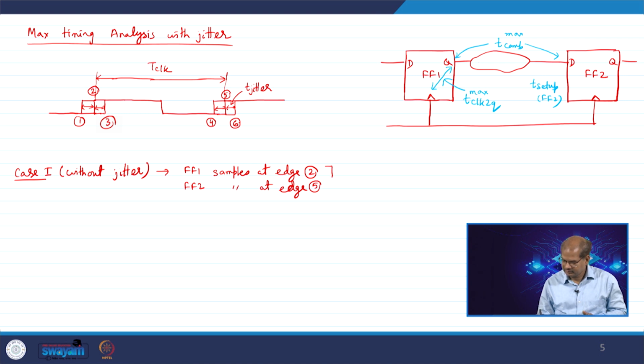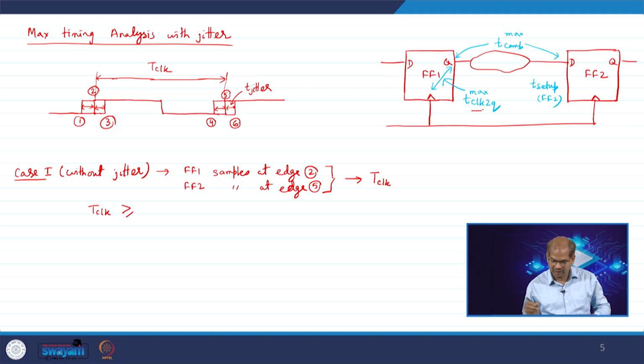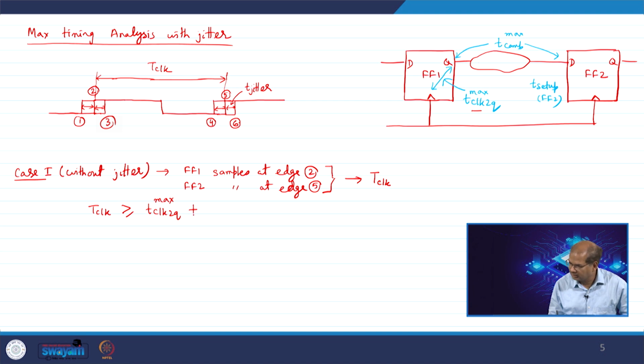So, it reflects a time period of T clock. In this case, my T clock should be greater than or equal to T clock to Q maximum plus T combinational maximum plus T setup.